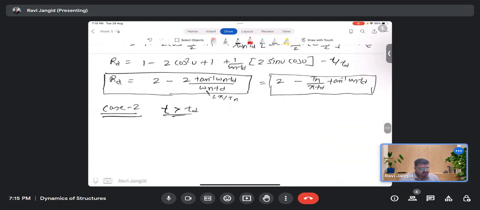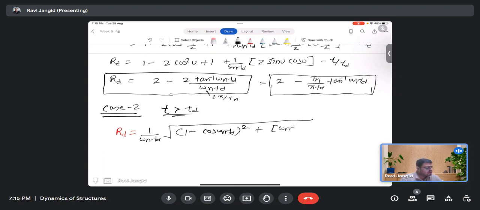So for this, my maximum RD will become 1 over omega n td times the square root of 1 minus cos omega n td whole square plus omega n td minus sin omega n td whole square.